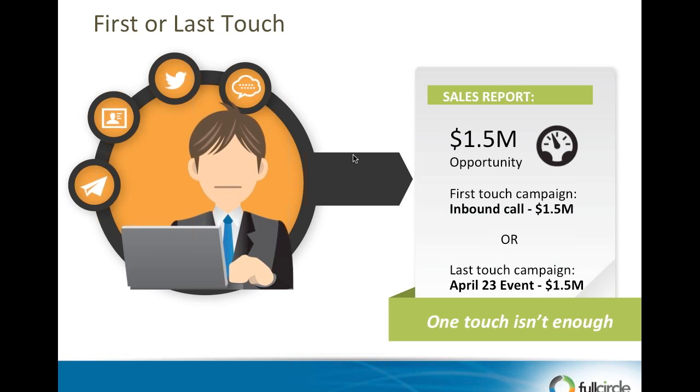First, both models offer no visibility into how other campaigns have played a role in creating or influencing that opportunity. There's also no guarantee that the campaign you give credit to was in fact a campaign that the person actually responded to. Many times the first or last touch campaign could be one the person never even saw or responded to, but it's still going to receive credit.